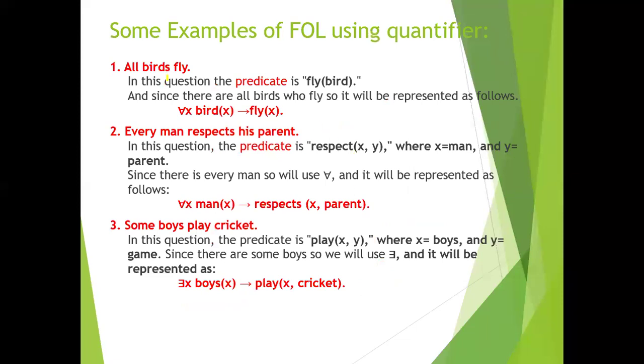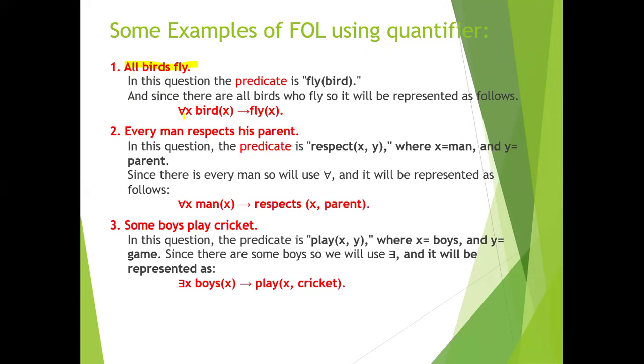Now we are going to convert sentences into first order logic using quantifiers. Take the sentence, all birds fly. First we declare a variable X. What is the quantifier given here? All.